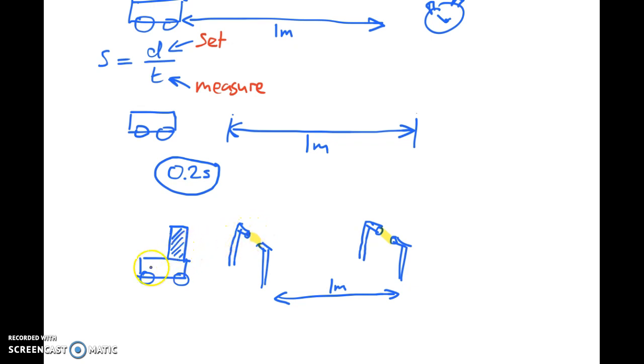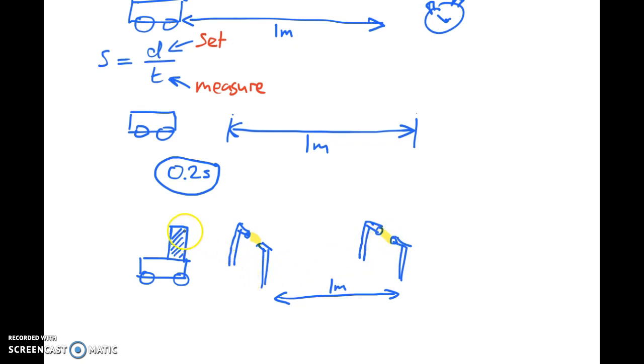If you fit a piece of card on top of your car, when it passes through the light gate, it blocks the light, the detector then doesn't detect any light, and it switches on the timer. Then when the trolley gets to the second light gate, again it cuts the light off, and the timer stops.